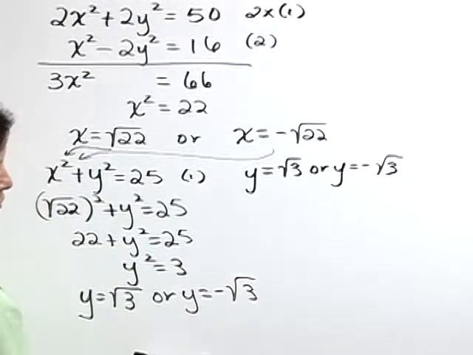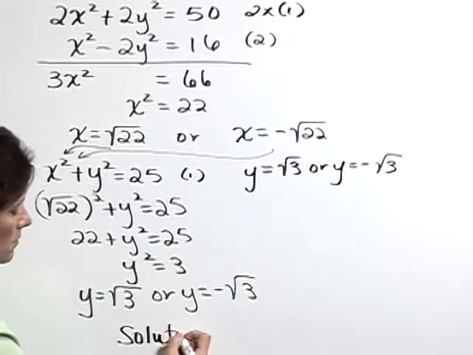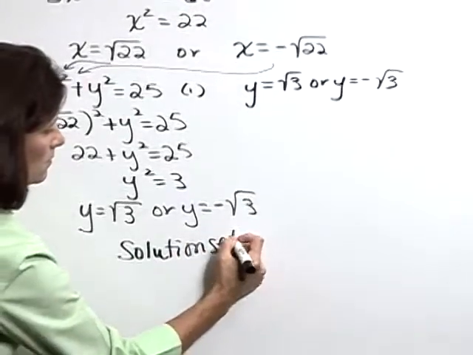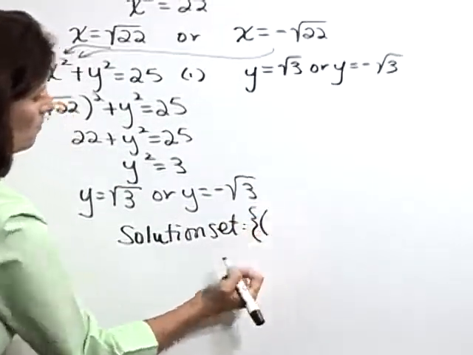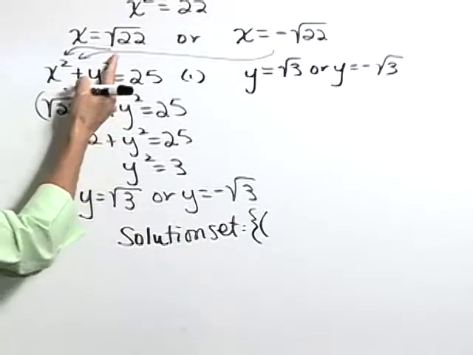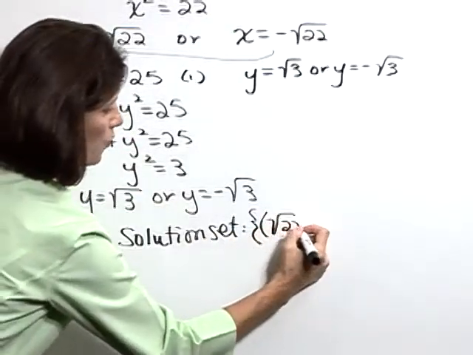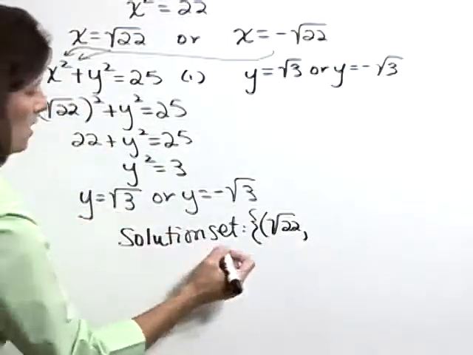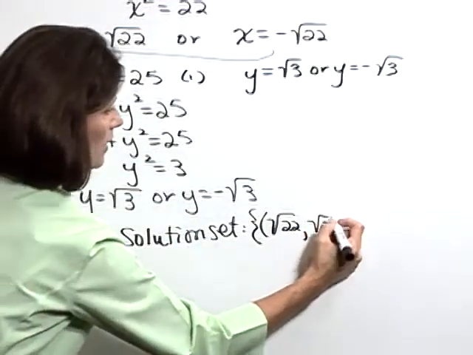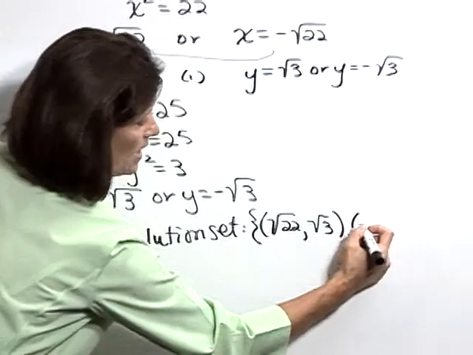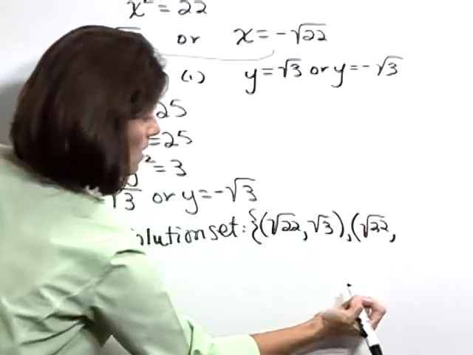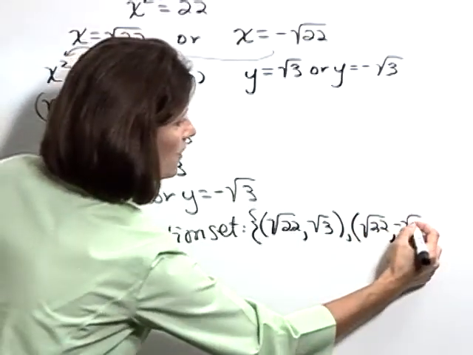Let's describe our solution set now. Starting with our x value over here of square root of 22, we've got the square root of 22 paired with the square root of 3, and the square root of 22 paired with a negative square root of 3.